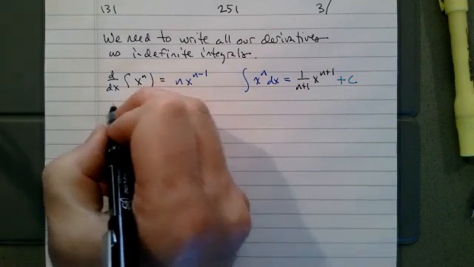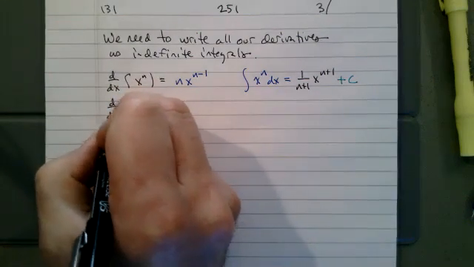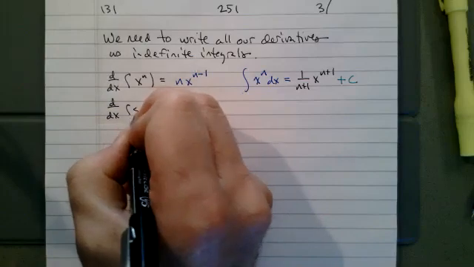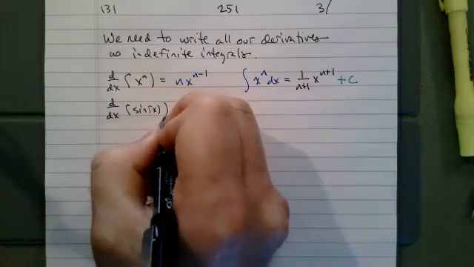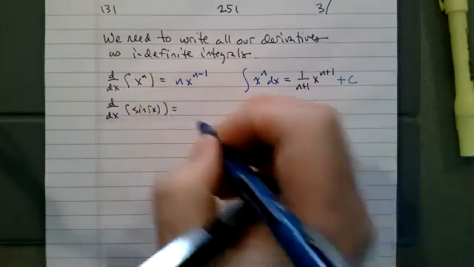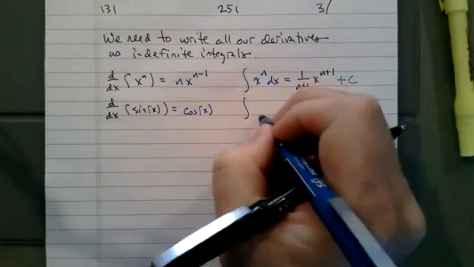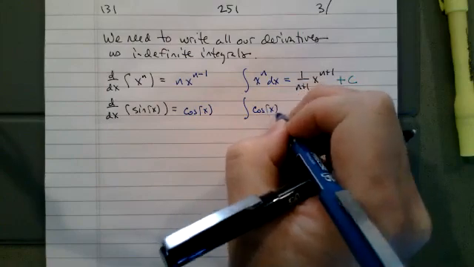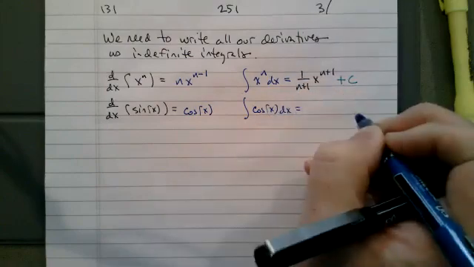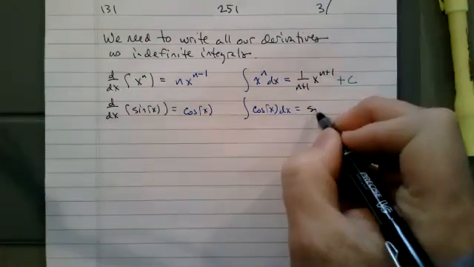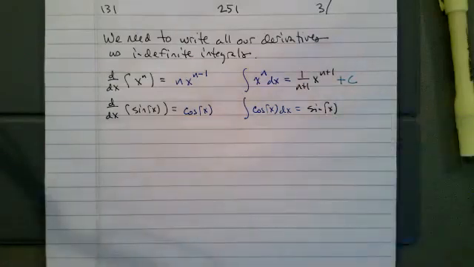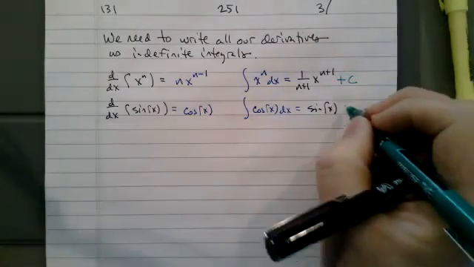We know that the derivative with respect to x of sine x is cosine x. So the integral of cosine x dx is sine x plus some constant.